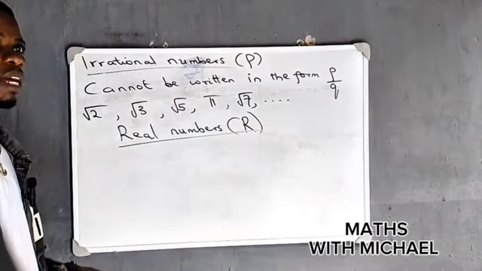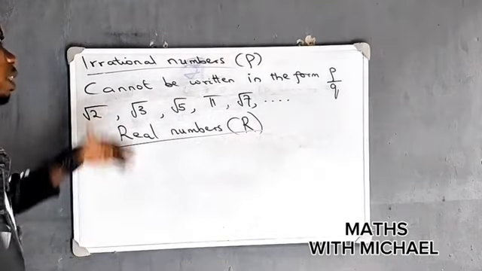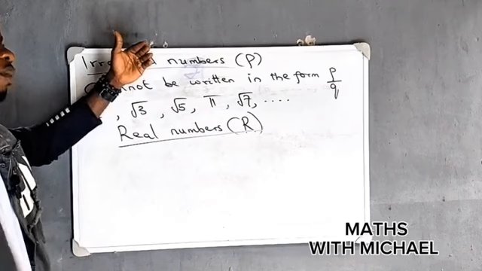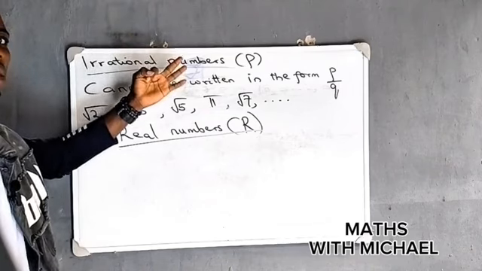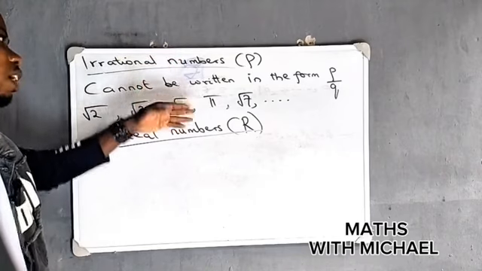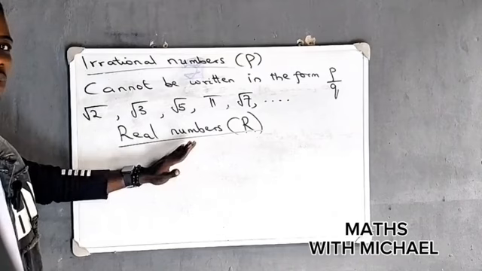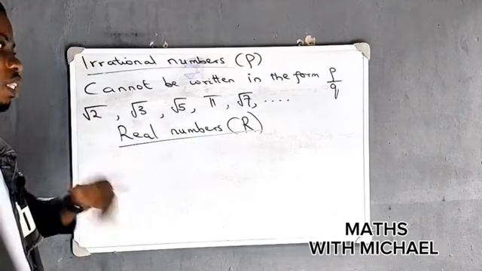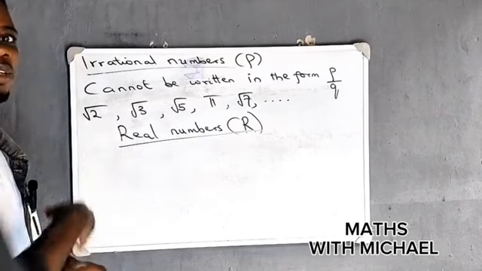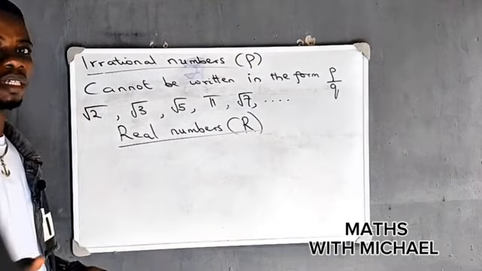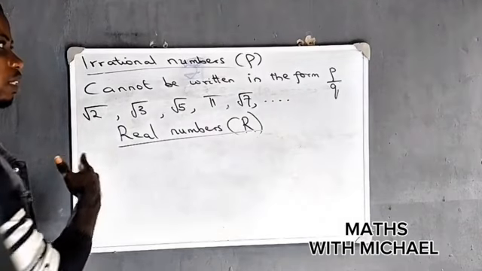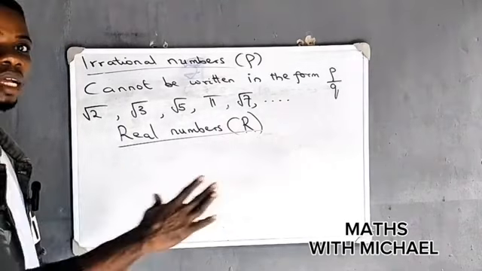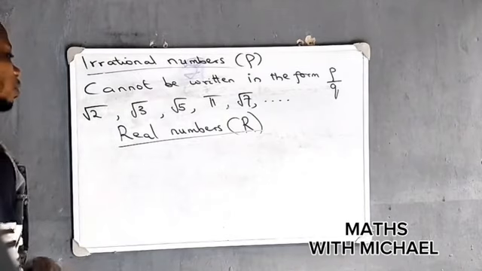Just as the name implies, they include all numbers from the natural numbers, the integers, the rational and irrational numbers. All are real numbers. The real numbers include all decimal numbers, both rational, irrational, and natural numbers and integers. They are all real numbers.